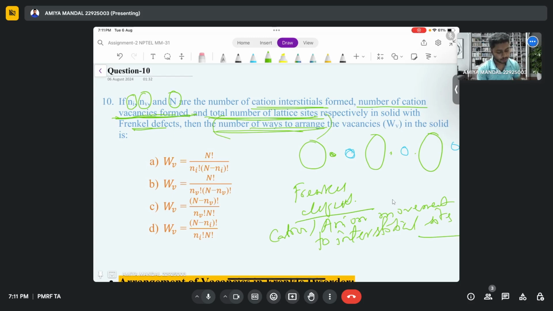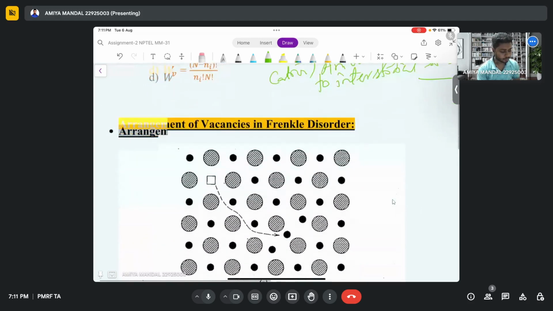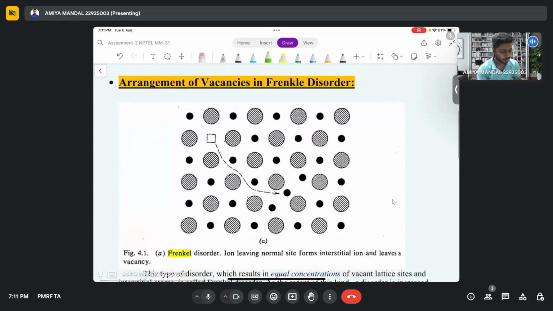Cation site arrangement. This is Frenkel disorder, which we have seen earlier. I'm just understanding that this cation is shifting to this position. This is Frenkel disorder.